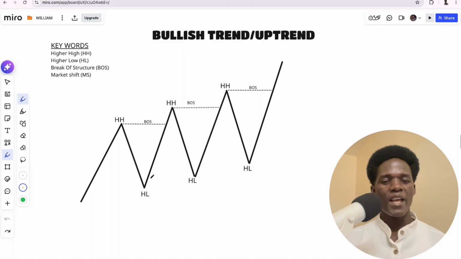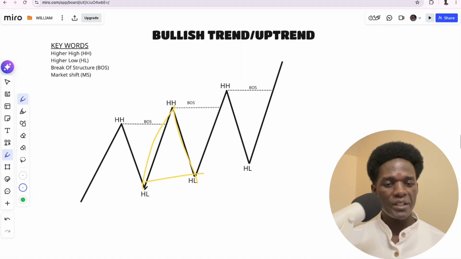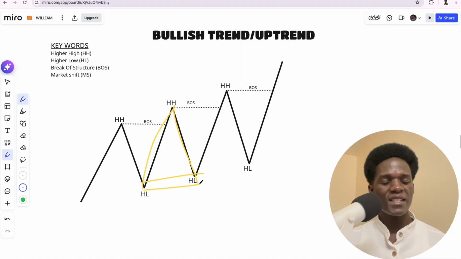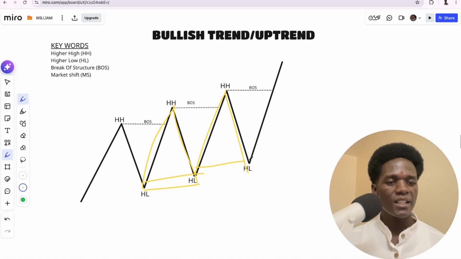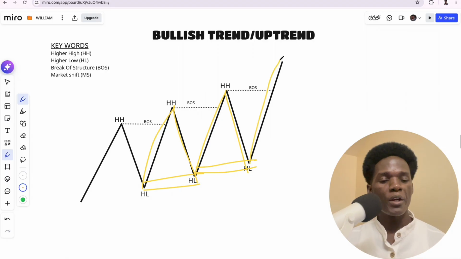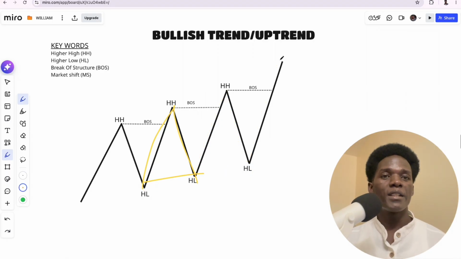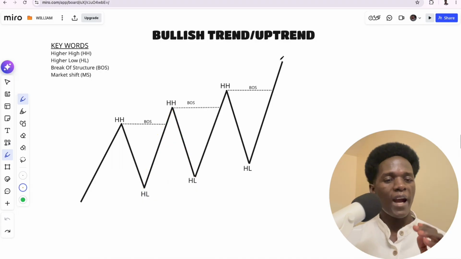That is it, guys. And when price goes up, it will come back and retest this previous higher low, goes up again, comes back to retest this previous higher low, and then continues going up, creating higher highs and higher lows.